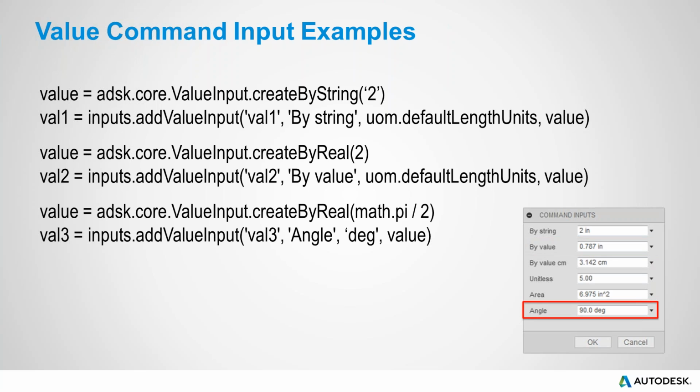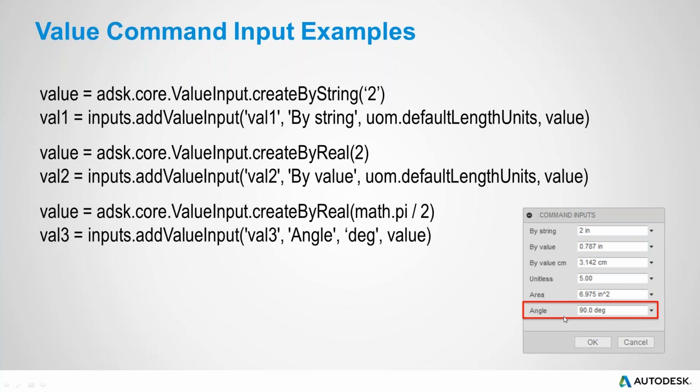And so here's an angle one. So here I've done a create by real where I'm getting half of pi. And remember, angles are always in radians. And so here we're creating a new value input, and its unit type is degrees, and provide that value.